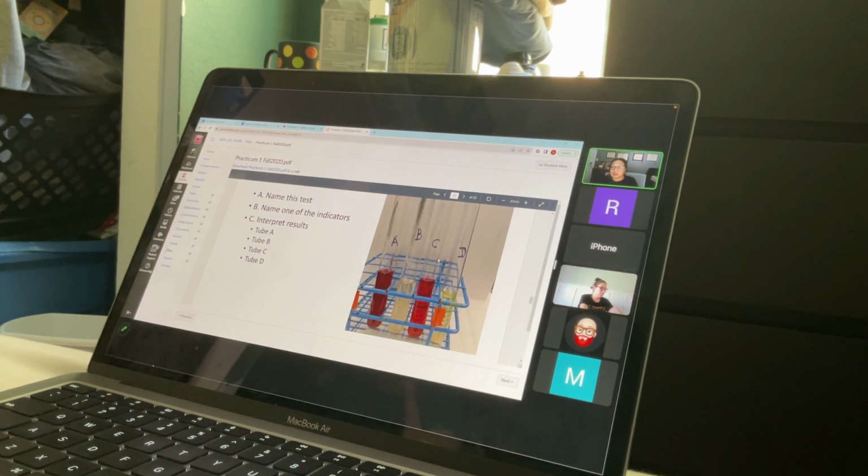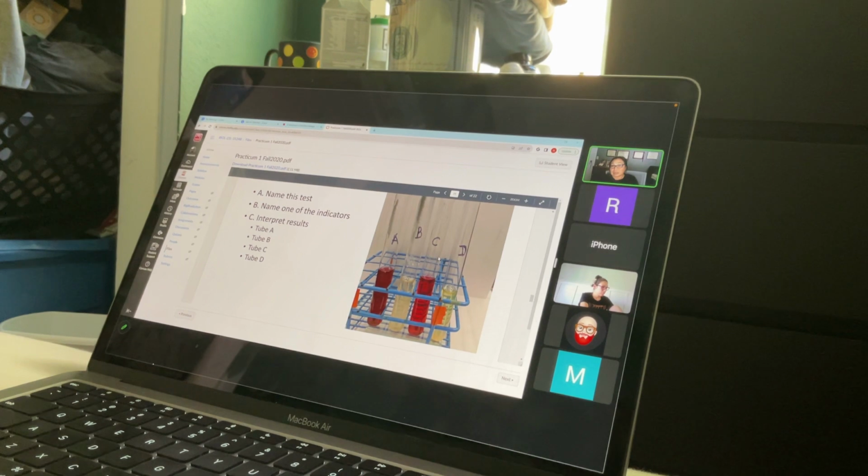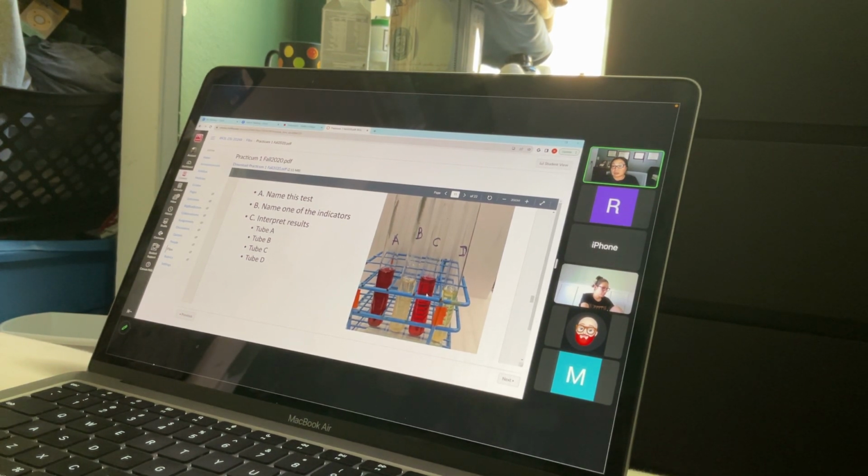What is it reducing to? It reduced nitrate into nitrite. So NO3 minus becomes NO2 minus. The organism did make the enzyme nitrate reductase.